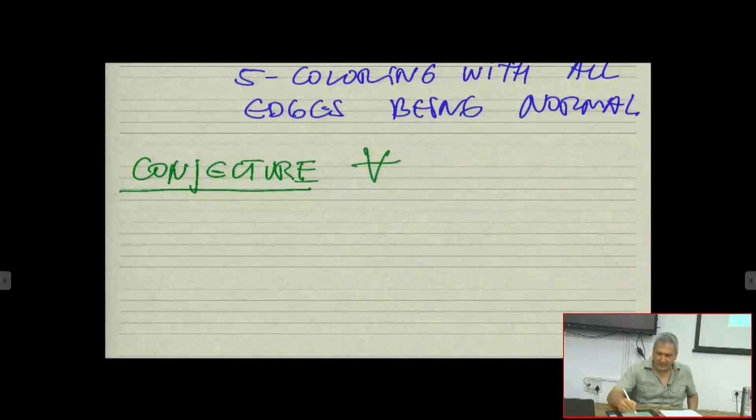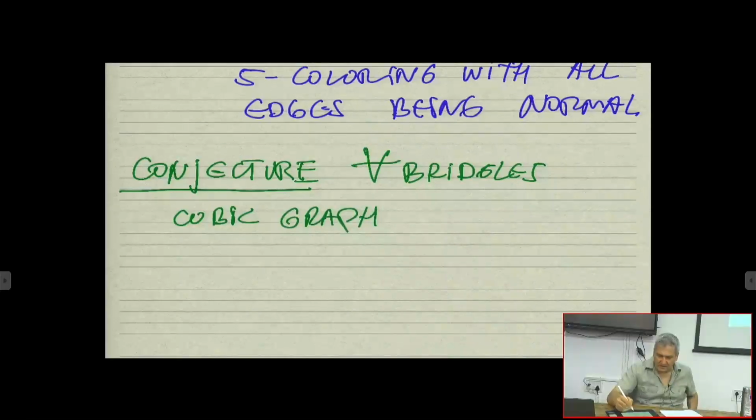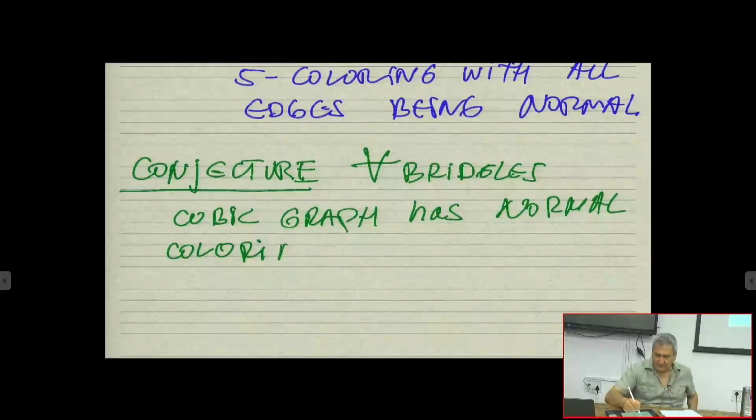Every bridgeless cubic graph has a normal coloring. This is one of the hardest conjectures in graph theory. The strongest one.